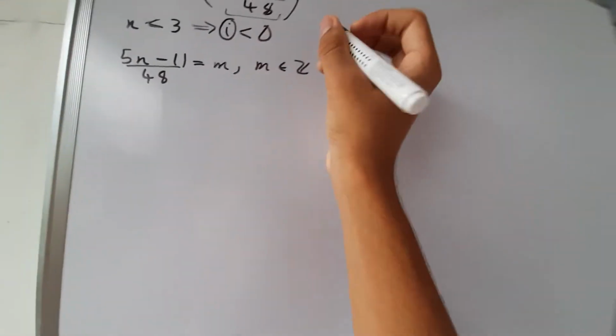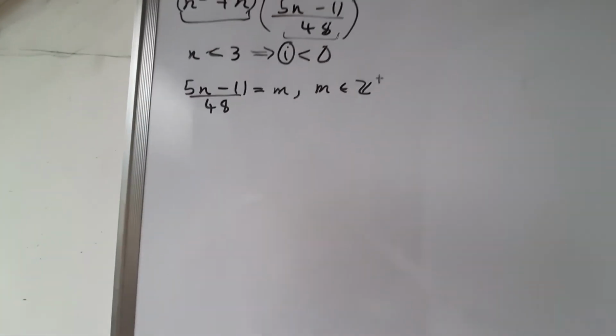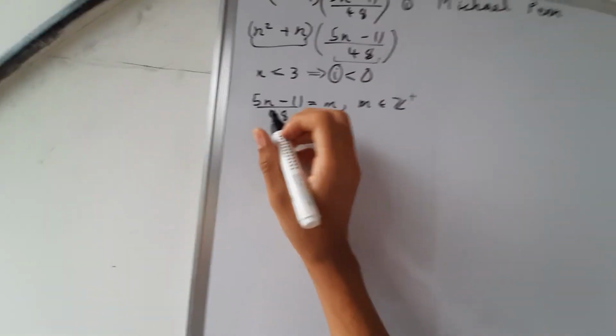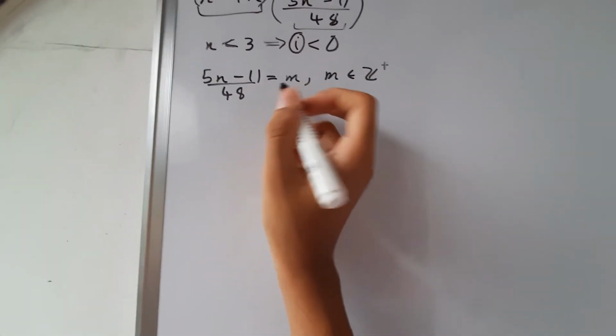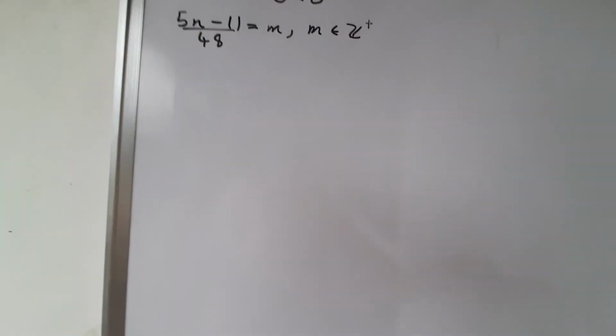Let's just say it's a positive integer, because we don't want negative values, we like positive things. Positivity is promoted. So phi n minus 11 upon 48 is equal to m, and m is just some arbitrary integer, we don't know what it is.